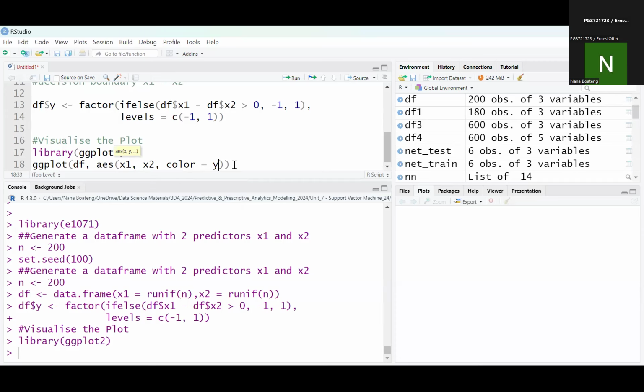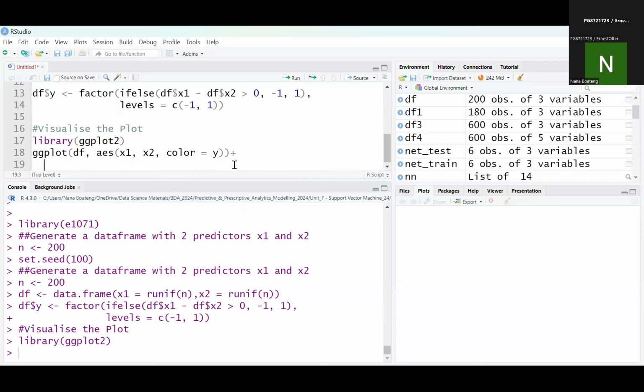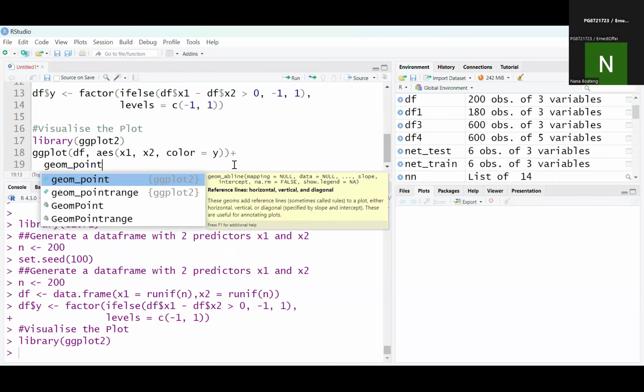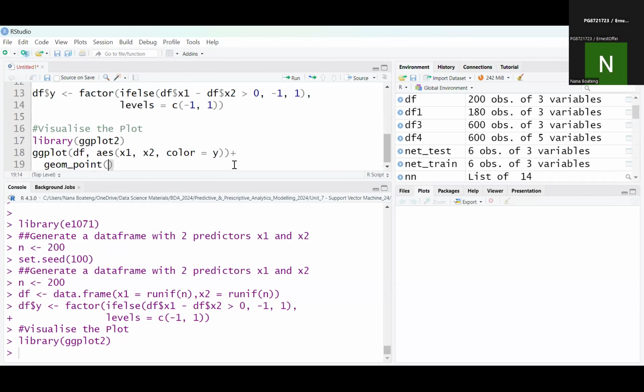It will give us the scatter plot, so let's use geom_point.